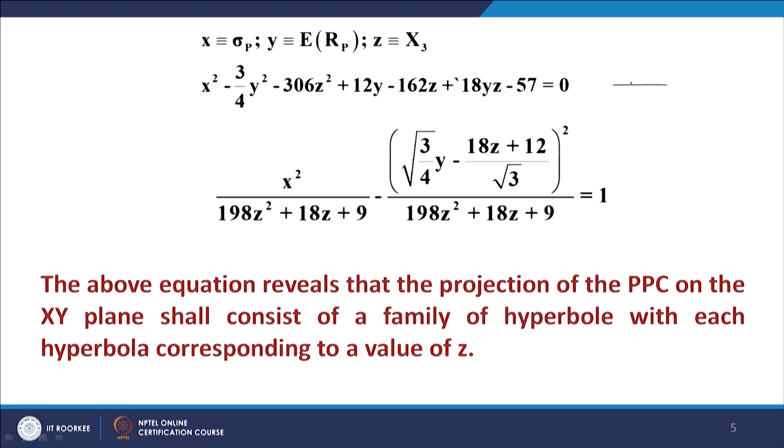Now, it is clearly seen, and this is important, that for any value of x 3 we get a hyperbola. Whatever value x 3 takes, let us say we externally put a value of x 3 equal to say 0.2, we get a hyperbola.